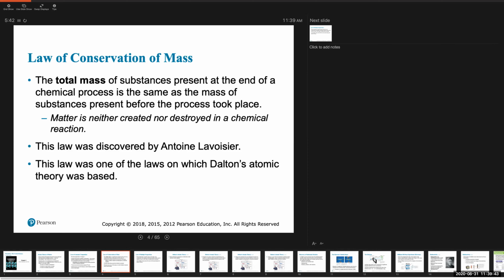In other words, you can't come up with more carbon or less carbon in that reaction. Matter changes form. So if you do, say, a combustion reaction where you burn something up, you obviously don't have that material anymore because you've burned it up.